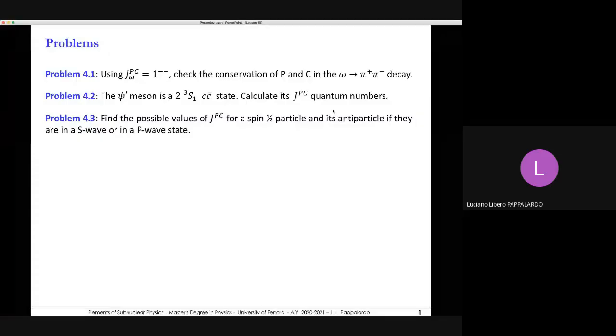So problem 3. Find the possible values of J P C for a spin 1/2 particle and its antiparticle if they are in an S wave or in a P wave state. So, back here.